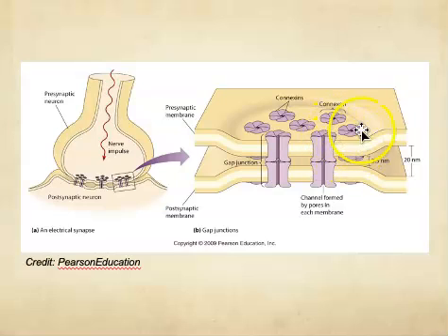Now, the areas in purple are connexons. And each connexon has 6 individual connexin proteins inside of it that are joined together to create this structure. They've cut the connexon in half here, so we can see that there's a tunnel in the middle of it, a gap. The connexons in this presynaptic membrane are going to join together with connexons in this postsynaptic membrane, and they are essentially creating a tunnel.